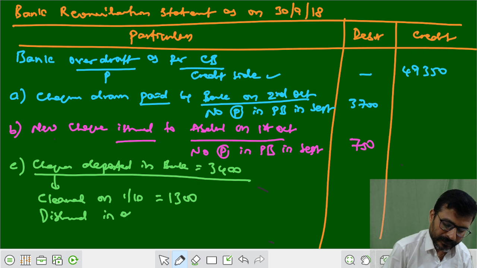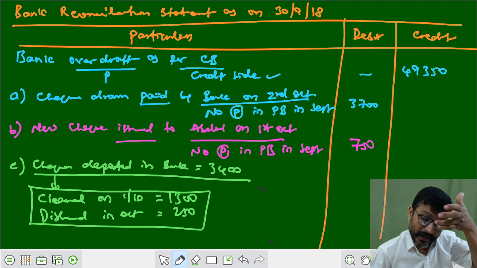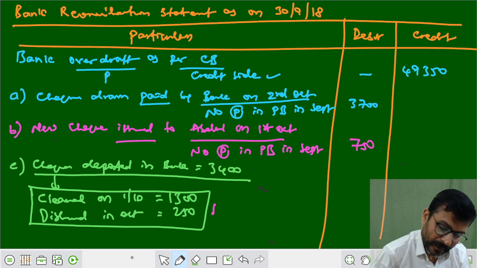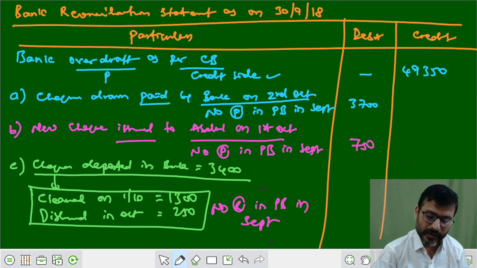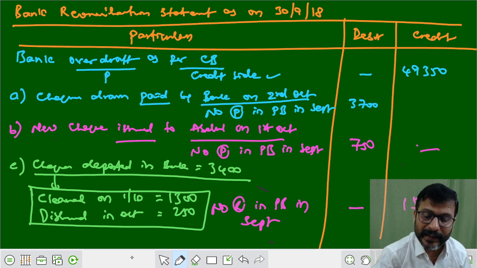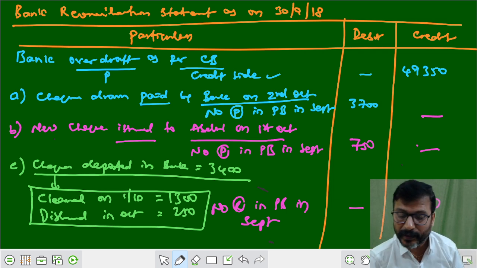Dishonored in October. It is how much? 250. What do you mean by this? These two things, no receipt in passbook in which month? In September. So no credit in passbook. So where do we have to take it? We have to take it on the credit side with an amount of rupees 1,550. I hope you understood, right?